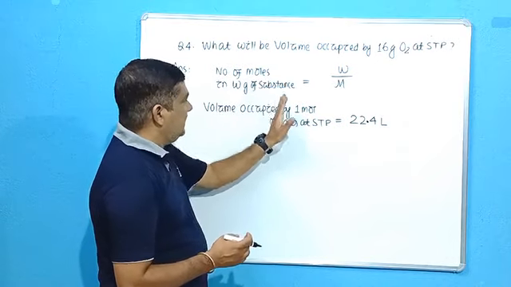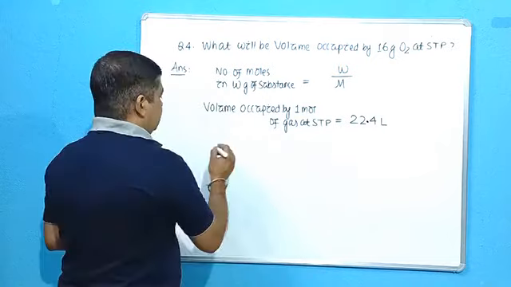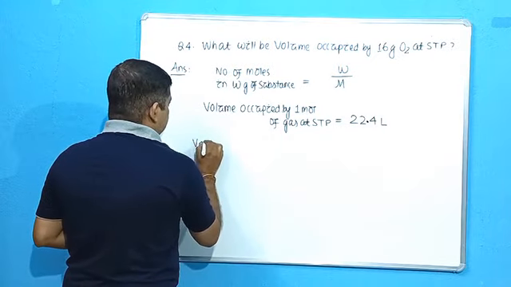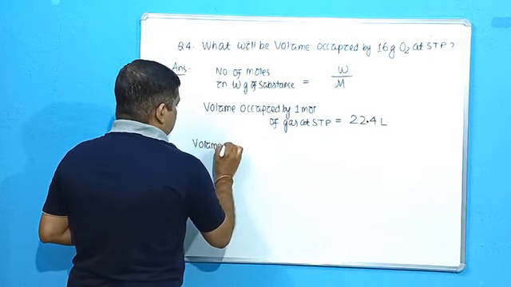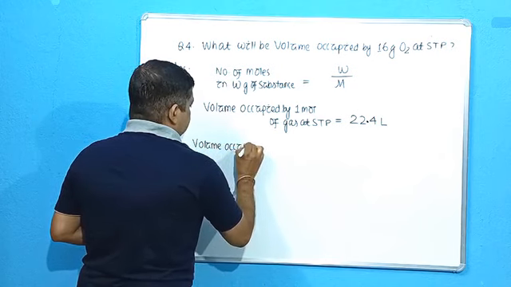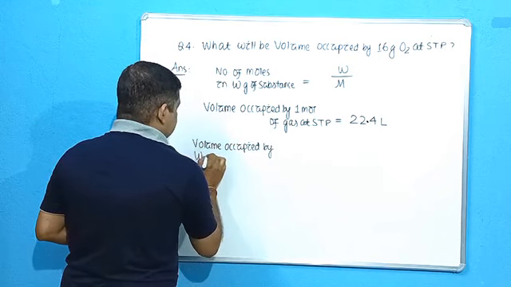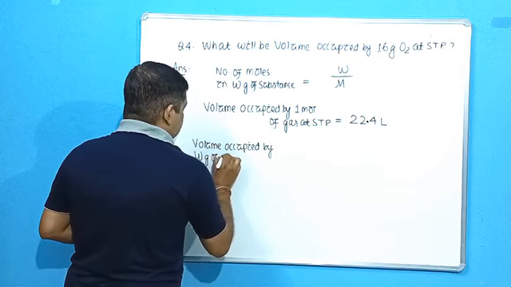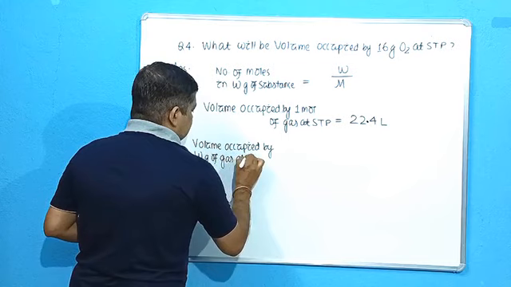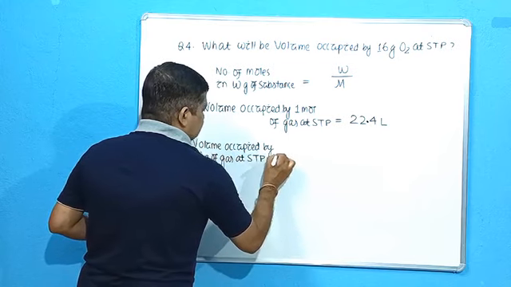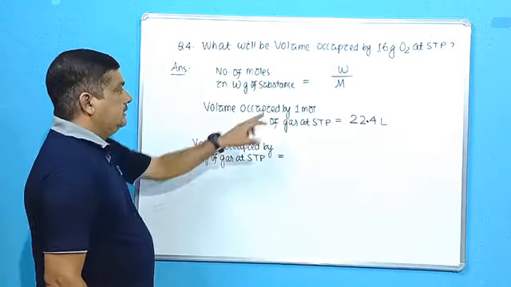So the volume occupied by these moles at STP, that is, the volume occupied by W gram of gas at standard temperature and pressure, what will be the formula?